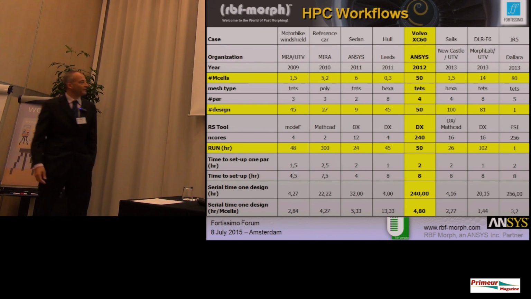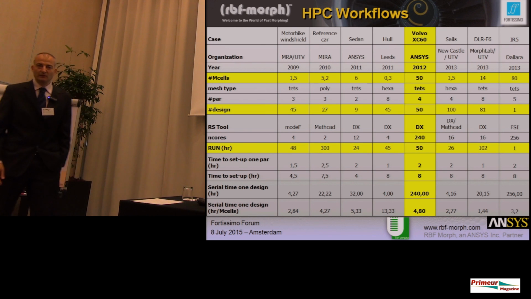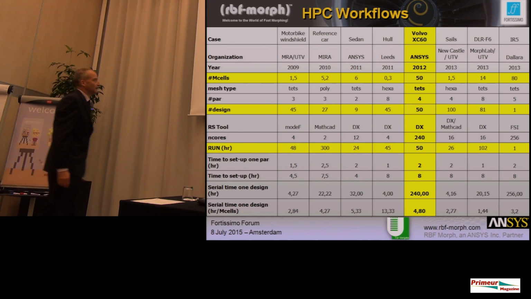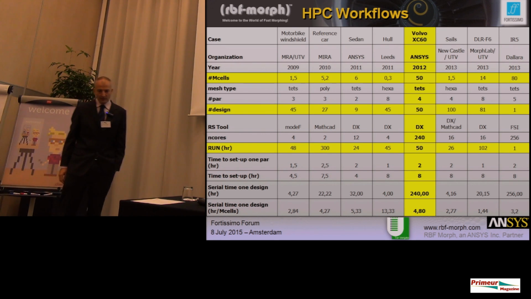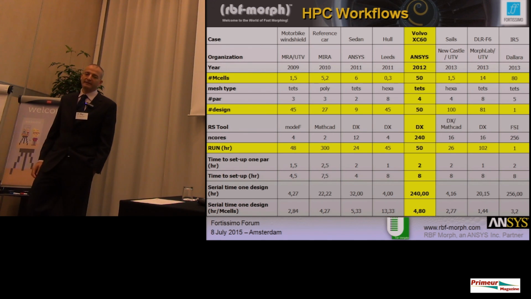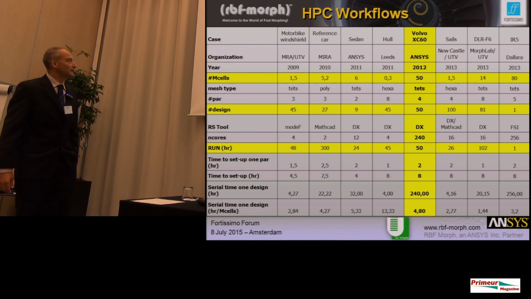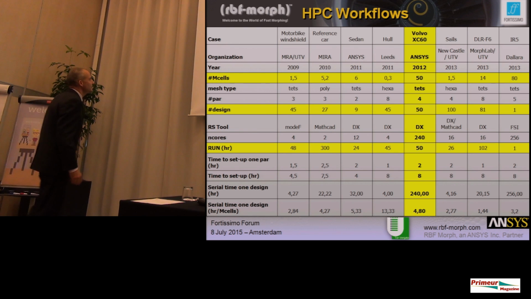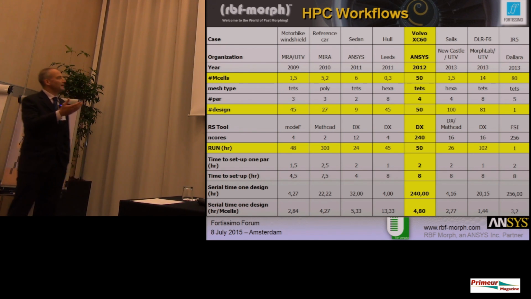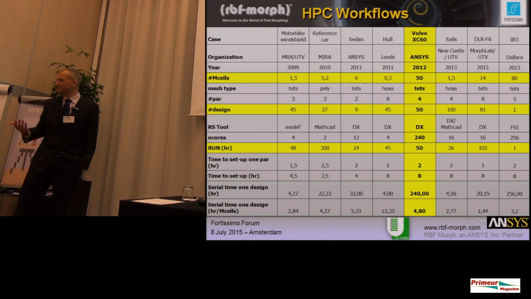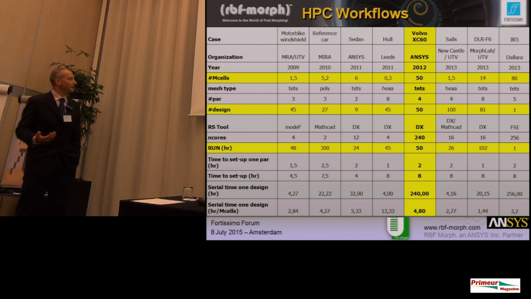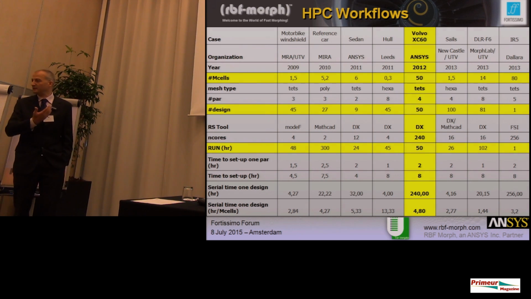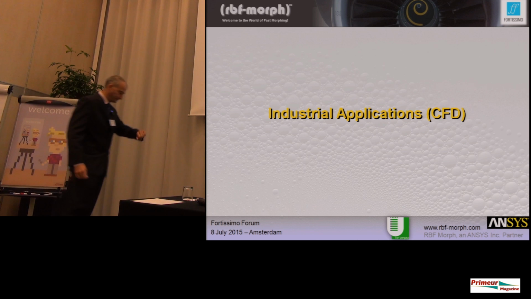For instance, the 50-50-50 case was a project in which we worked together with Intel, Volvo, and ANSYS. You can see that you can do 50 design points with a 50 million cell mesh in 50 hours. That was the target of the method.